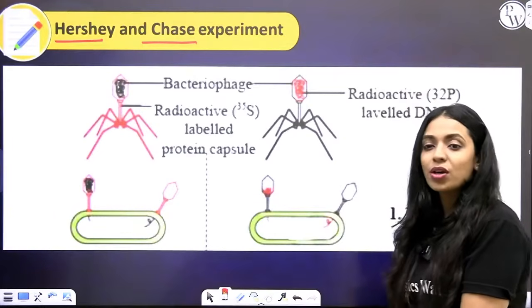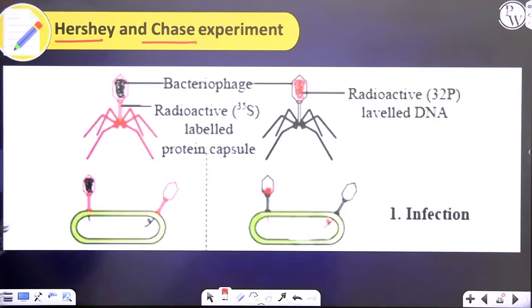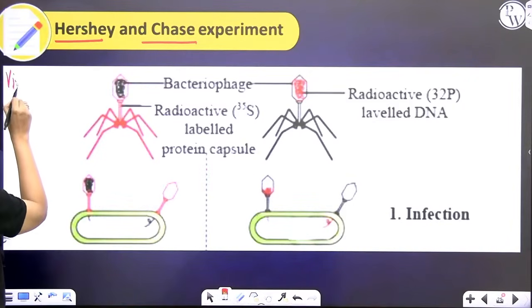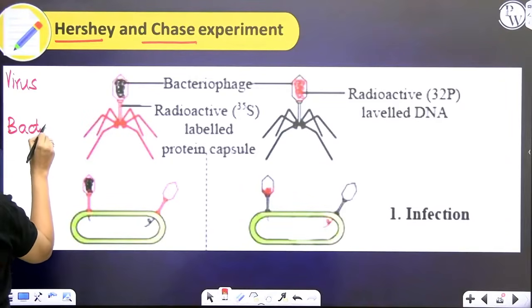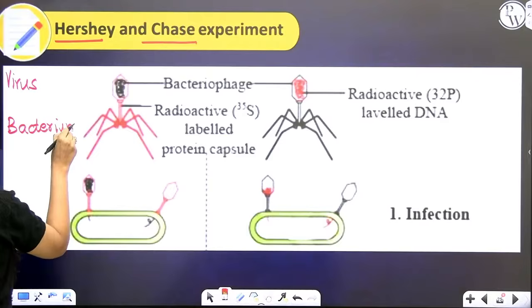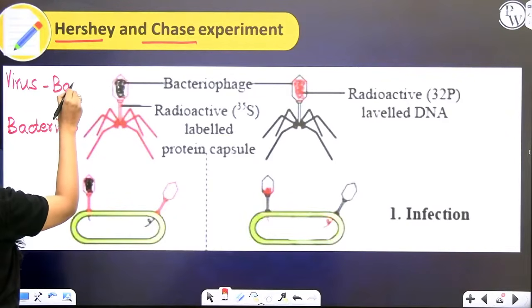What exactly was their experiment like? They made use of two organisms. One is a virus, the other is a bacterium. Viruses that infect bacteria are called bacteriophages.